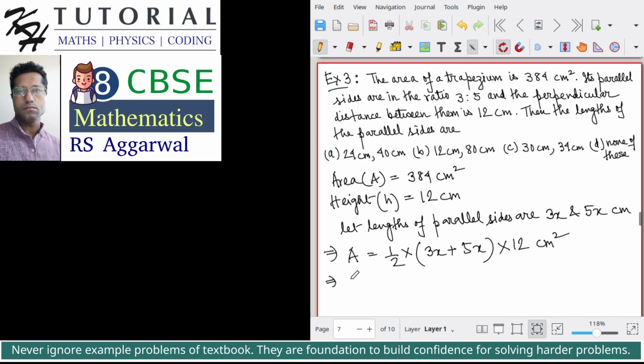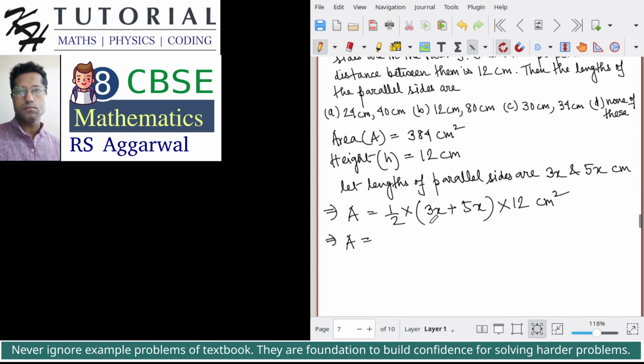Now this implies A is equal to, on the right hand side, if we simplify, 8x multiplied by 12 divided by 2 centimeter square. This is equal to 48x centimeter square. Now the area of the trapezium is already given to be 384.